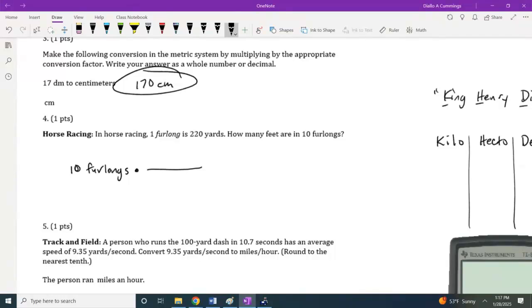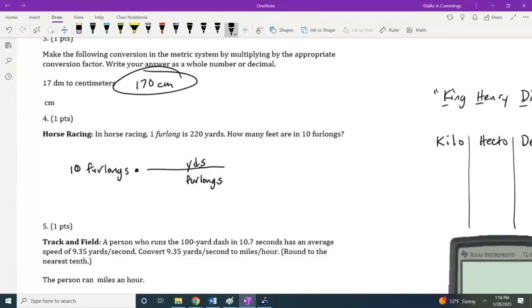For my first conversion, since they give me this conversion, it says 1 furlong equals 220 yards. When I set up my first unit fraction, I'm going to put furlongs in the denominator, and I'm going to put yards in the numerator.